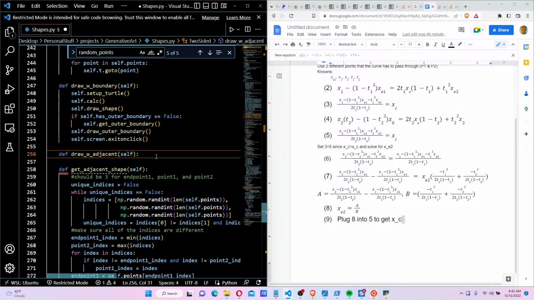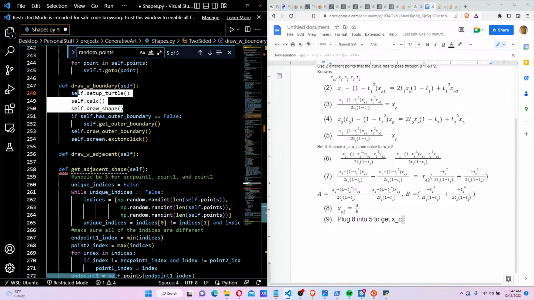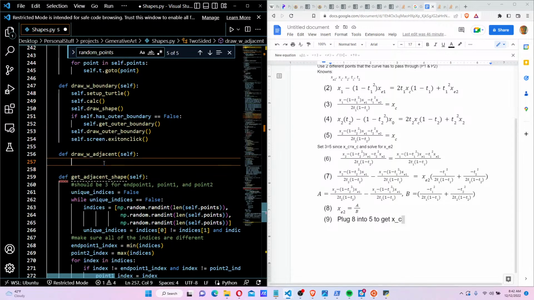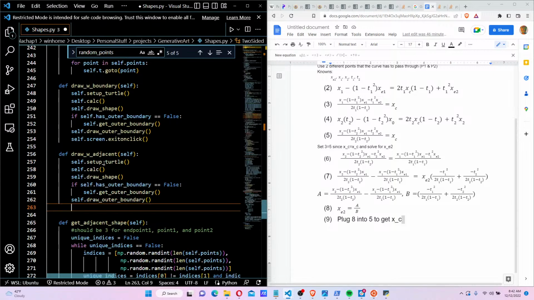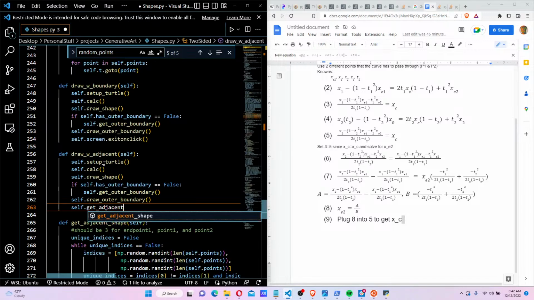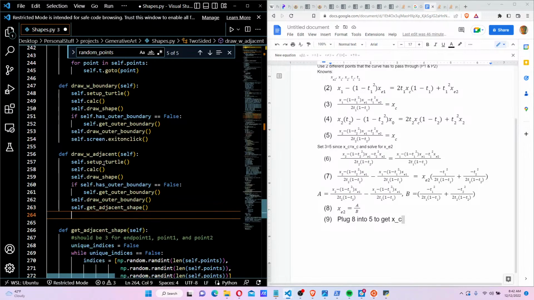Okay. So basically, I want to do these things all the way through to drawing the outer boundary. And then once I draw the outer boundary, I want to get the adjacent shape.